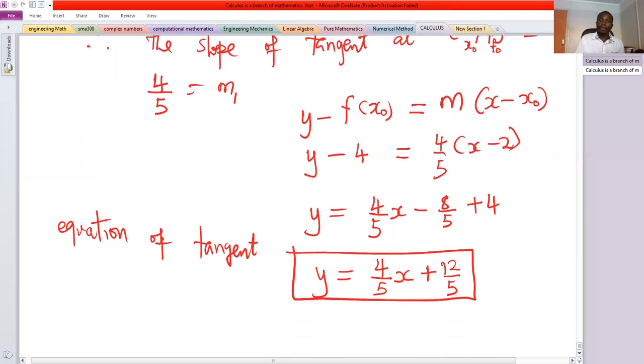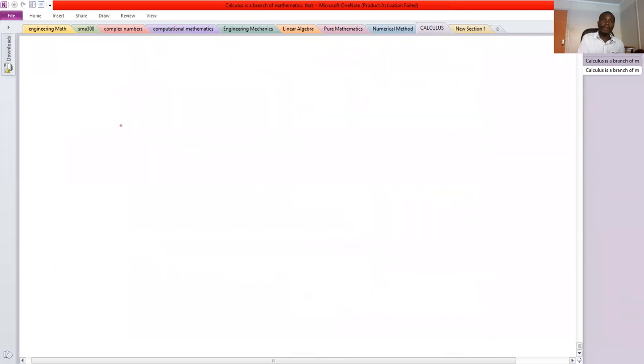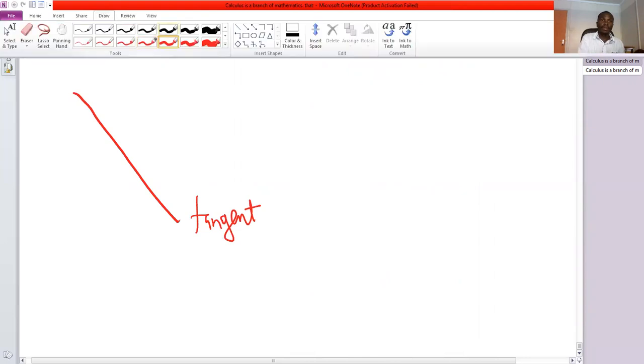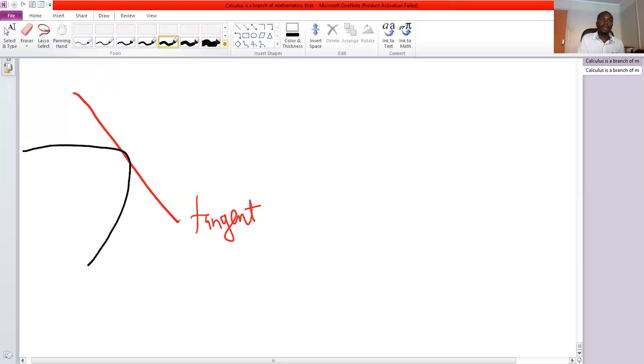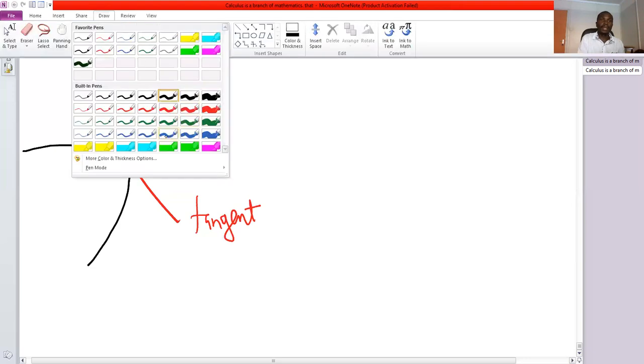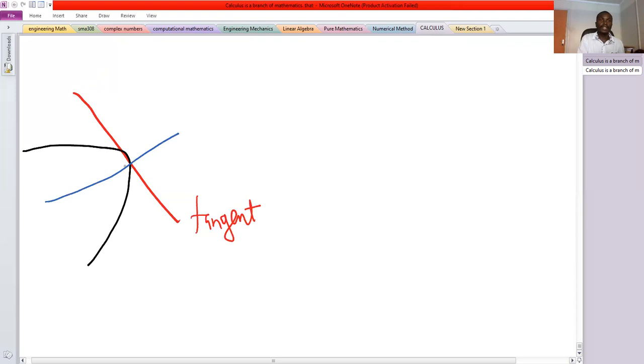Now, we know that if this is a tangent, then the normal, assuming that I have an arbitrary curve, is a line which is perpendicular to the tangent. So this should be drawn here.